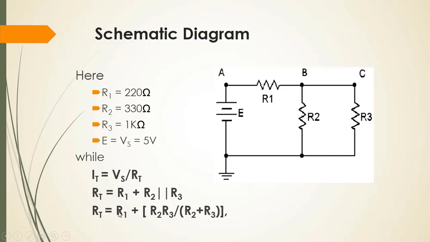In other words, R2 and R3 are in parallel, so their equivalent resistance will be equal to R2 into R3 divided by the sum of R2 plus R3. In this way, we will find the equivalent resistance of R2 and R3, and this will be added with the resistance of R1 to find the total resistance.